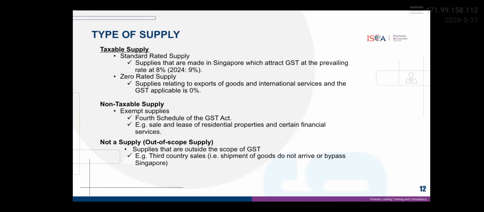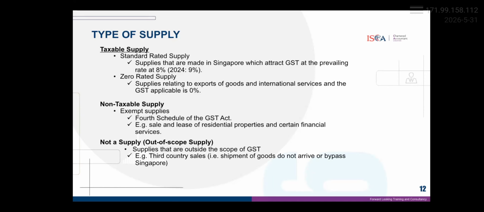So we have different types of supply. There's a category for taxable supply, which includes standard rated supply. These are supplies made in Singapore which attract GST at the prevailing rates of 8% or 9% in 2024 onwards.